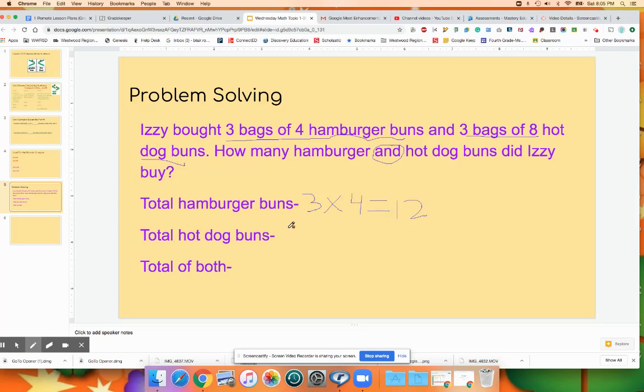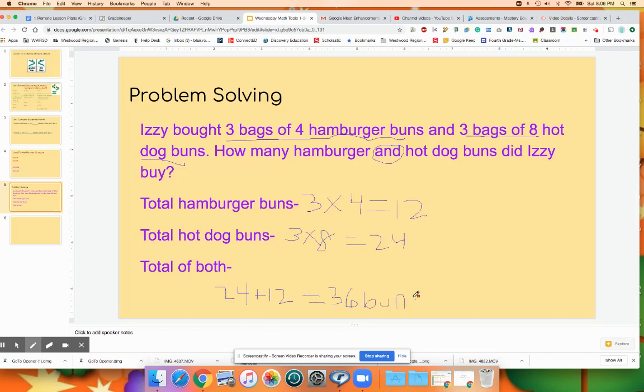So I have to do some multiplication. 3 times 8 equals 24, right? So now I have my total of hamburger buns and my total of hot dog buns. And to find out how much they are all together, I'm going to add 24 and 12, right? And 24 and 12 gives us 36.